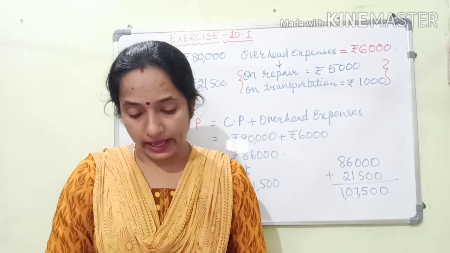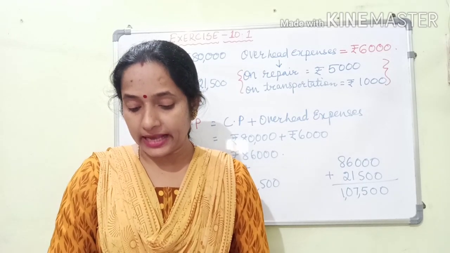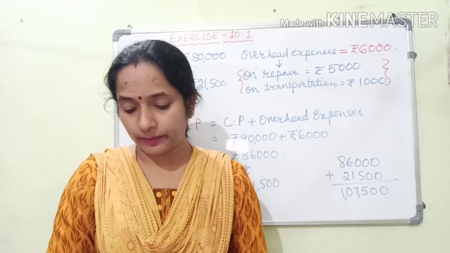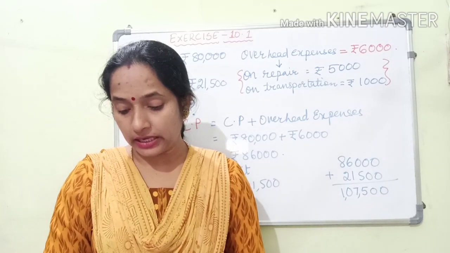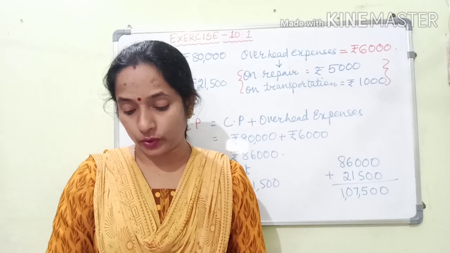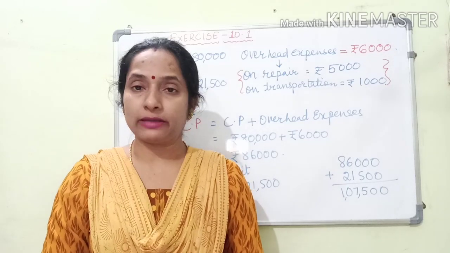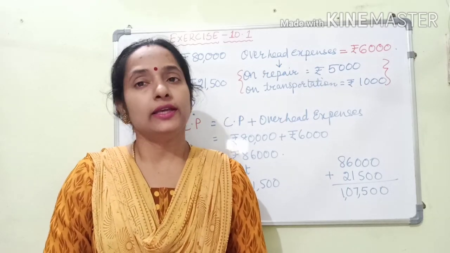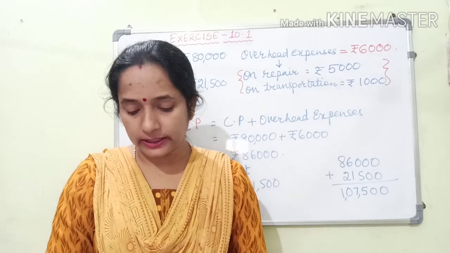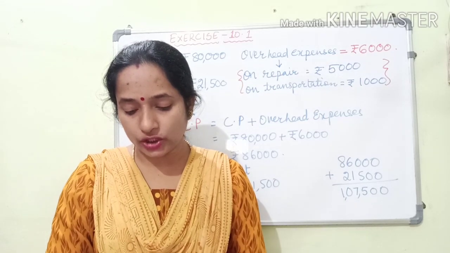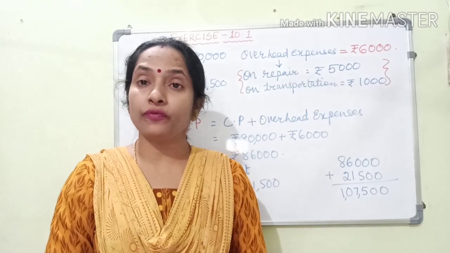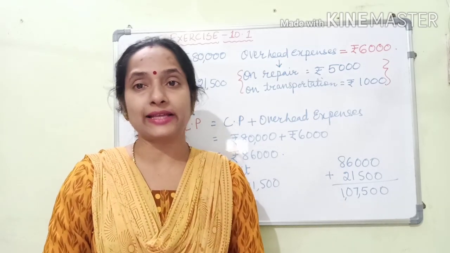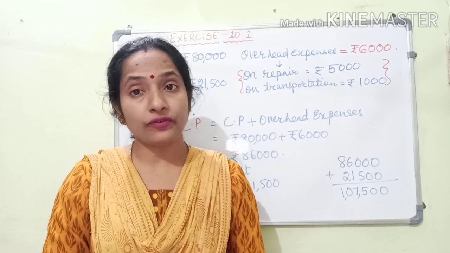The next question: Alka bought rice for rupees 56.25 paise and sold it at a profit of 11 rupees 25 paise. What is the selling price of the rice? Children, here also you are given the cost price of the rice as well as the profit. Whenever you are given the cost price as well as the profit amount, how will you find the selling price?